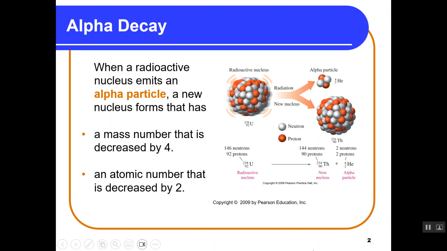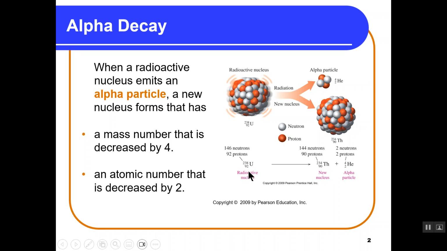So there are different forms or different types of radiation, and in this particular case, we'll be looking at what is called alpha decay. Now, remember, the alpha particle is basically the helium-4 nucleus, which is shown here, right? So when you have a radioactive material like uranium-238, when it decays, it forms an alpha particle, and it also forms another particle, which is the thorium-234 nucleus, all right?